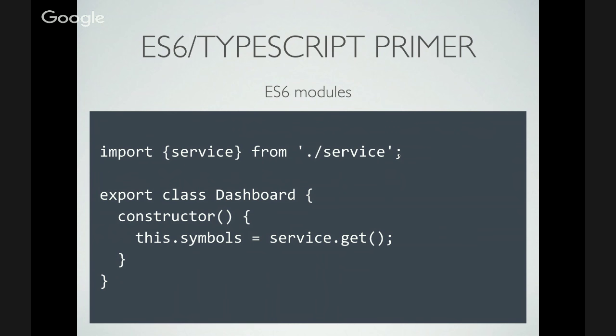Perhaps if you use require.js or something, you could use that syntax in the past. Now the ES6 flavor is I'm going to import this particular thing, which in this case is called service, from this module, which is a path to that module. So it would be a file named service in the same directory.